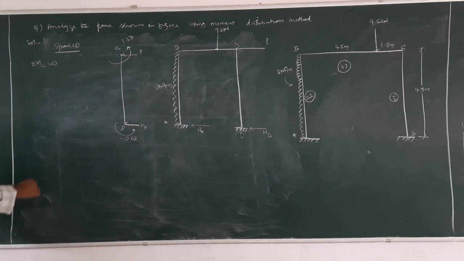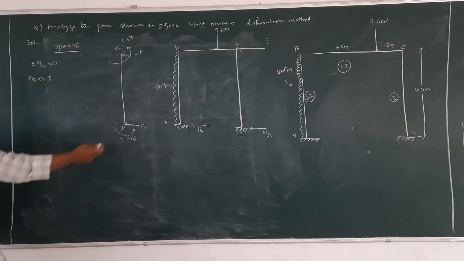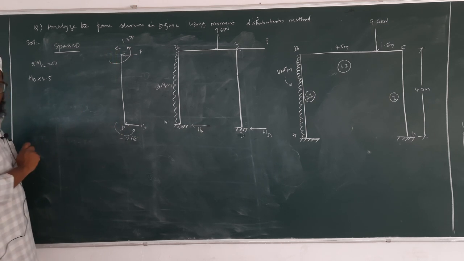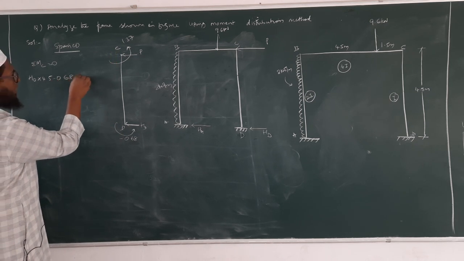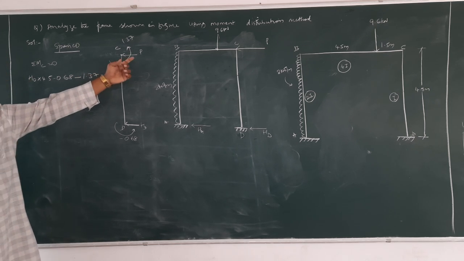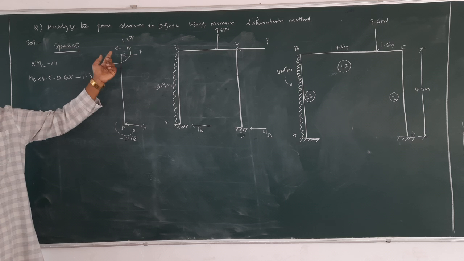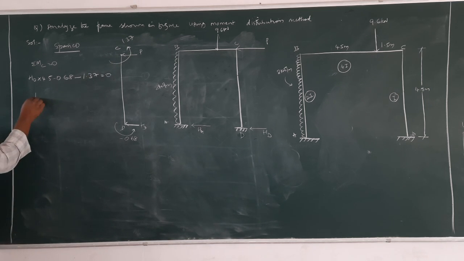So now HD into 4.5, force into perpendicular distance is 4.5. Then here minus 0.68 minus 1.37 is equal to 0. What about this force P? This force P will become 0, right? Because we are calculating at that point C. So what will be the value of HD?